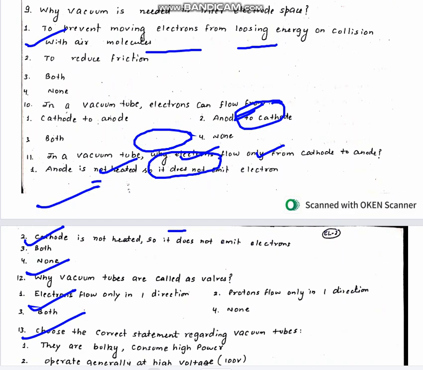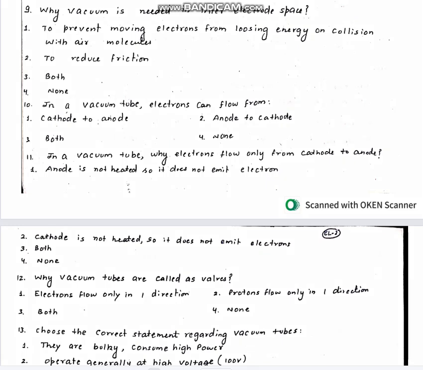Next is why vacuum is needed in inter-electrode space. Vacuum is needed to prevent electrons from losing energy. So first one will be correct.